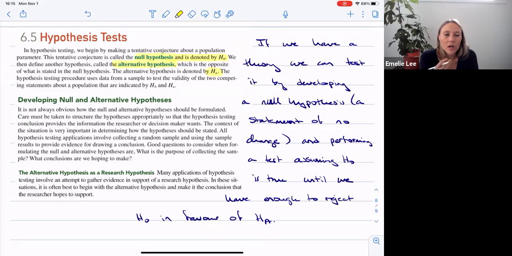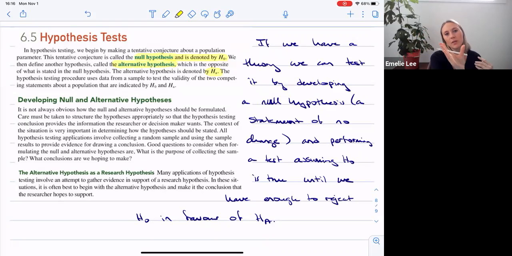And so we always do all our testing assuming the null hypothesis is true. And then we do our calculations, based off of our sample mean or our sample proportion. And then what we find is, well, this was too extreme to have happened just by chance, right?